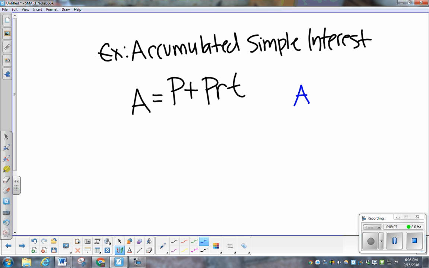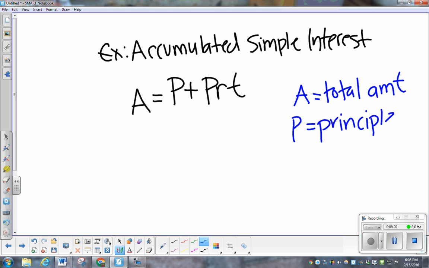So the meaning of all of these things, A is your total amount. It's like how much do you have in the bank after however much time you've left it there. That's what A means. P is your principal amount. That's like how much money did you put in the bank right from the beginning. R is your interest rate. So maybe the bank is giving you an interest rate of, these examples will always say like 6% or something.